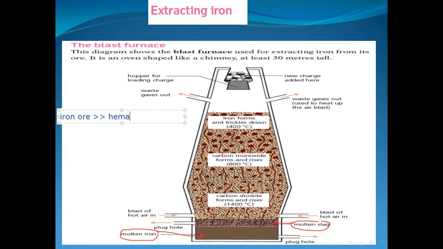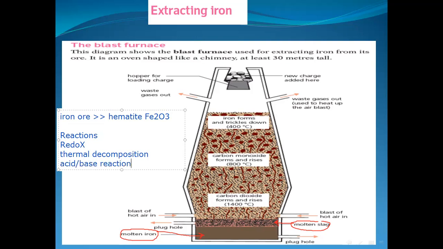This is hematite, which is Fe2O3. After that, you have to know what the chemical reactions are. Which one is the redox reaction? Which one is the thermal decomposition reaction? And which one is the acid-base reaction, or sometimes they call it neutralization reaction.